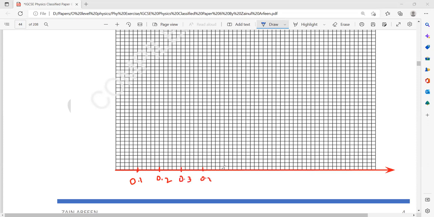Then 0.4, then 0.5, 0.6, 0.7, 0.8, 0.9, and then 1.0 or 1.